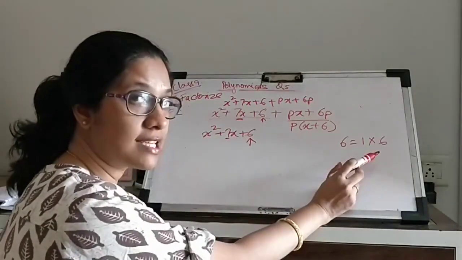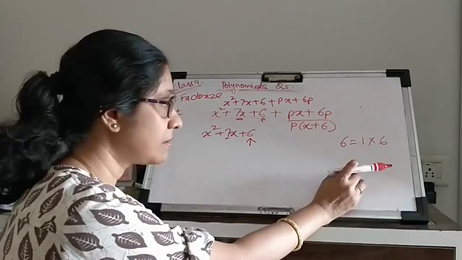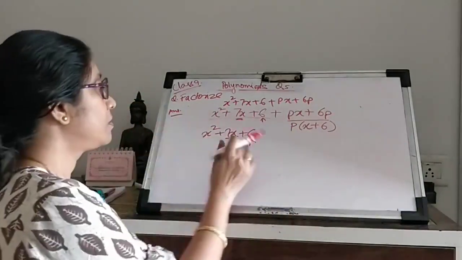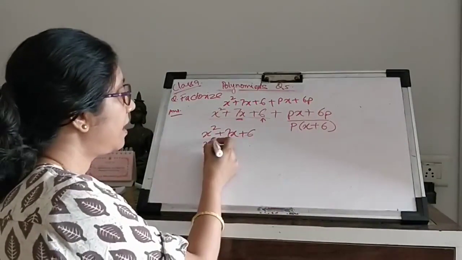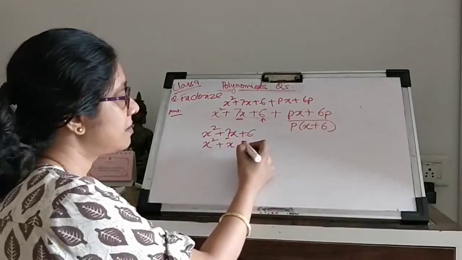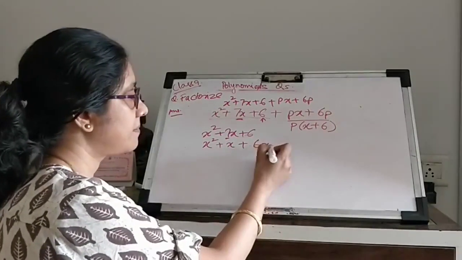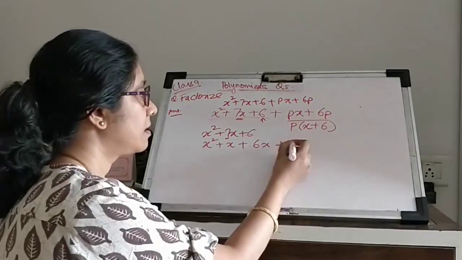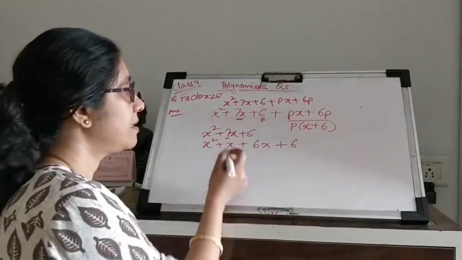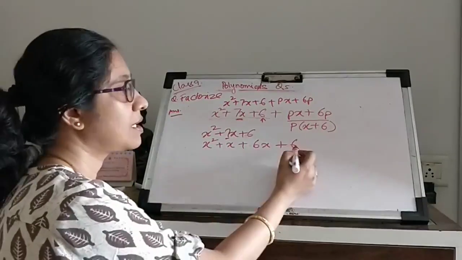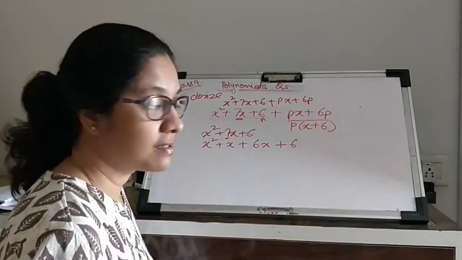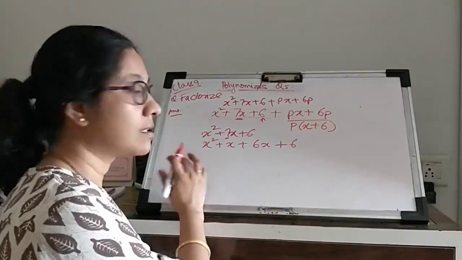What I see? 6 plus 1 is indeed 7. So I got 2 terms to break it. I have got x plus 6x. 1x plus 6x is equal to 7x, and also 6 into 1 is 6. So that's my easy way of doing it, and it has always worked.